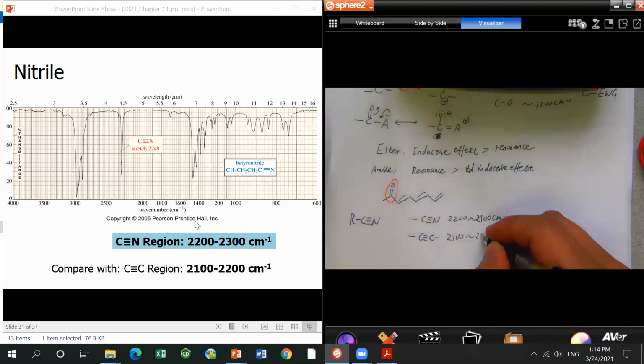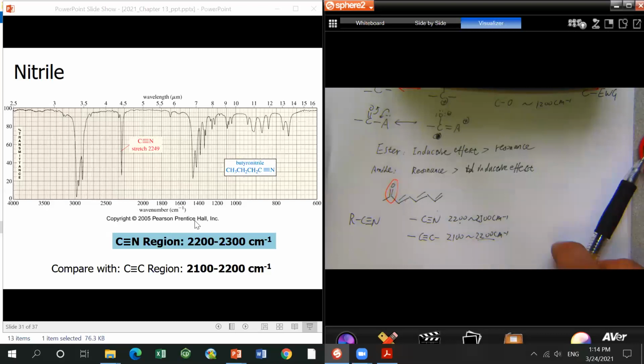By that, you should be able to distinguish the nitrile from the alkyne. Just look at this peak: about 2200 or above, it's a nitrile compound; below 2200, it should be the alkyne. That's how you distinguish these two.